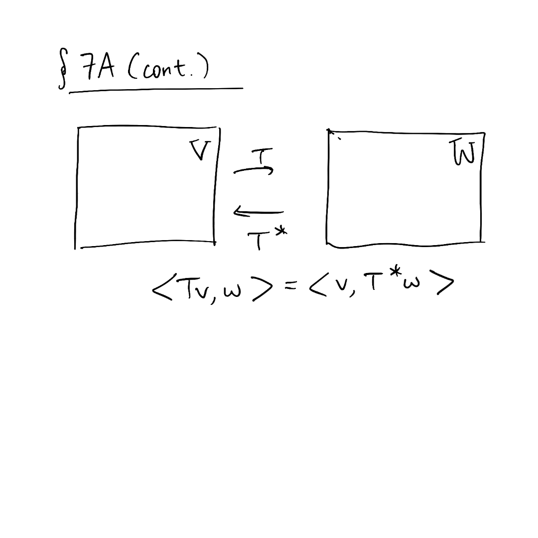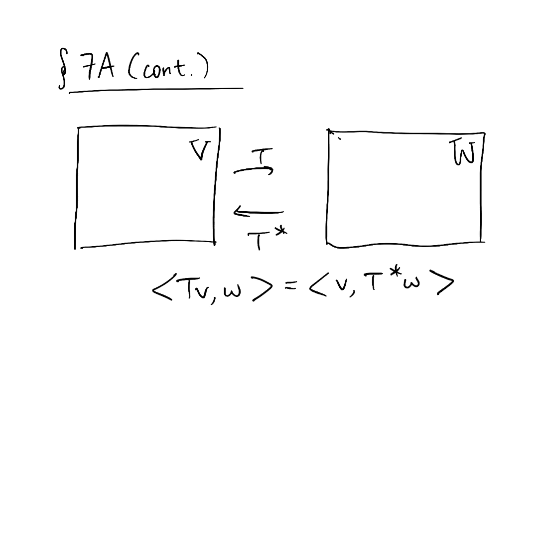Now, you have some things to keep track of, even in that seemingly simple statement. The inner products are not the same. One of them is happening on the right-hand side of the picture, and the other is happening on the left-hand side of the picture. So TV and W, those both belong to big W, and therefore, that inner product is happening on the right.